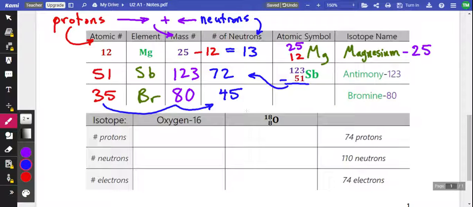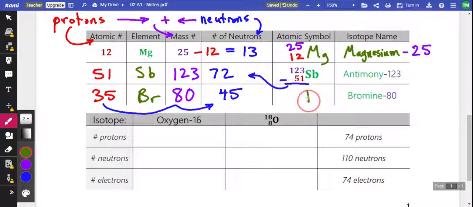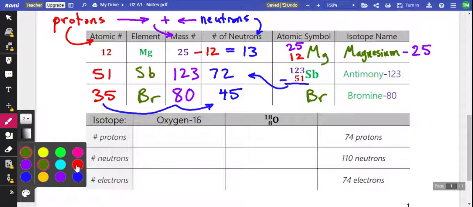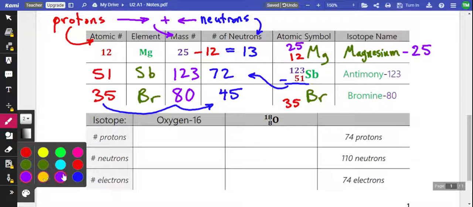So all that's left on this one is to write out that atomic symbol. My element is bromine. Bromine must have 35 protons, or else it is not bromine. And this specific isotope of bromine has a mass number of 80.